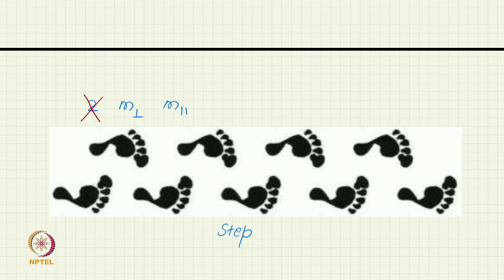Perpendicular mirror, can we consider? Now, perpendicular mirror will relate a left foot to a right foot, and again will change the direction in which the foot is pointing. Here left foot and right foot both are pointing in the same direction, so there is no perpendicular mirror. Parallel mirror will change left foot to right foot, and it will be pointing in the same direction.